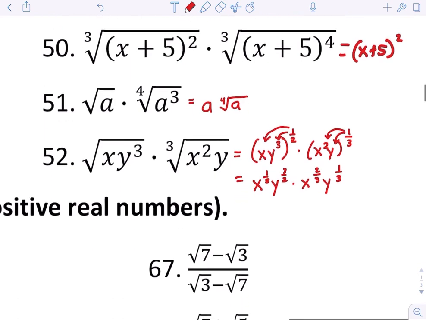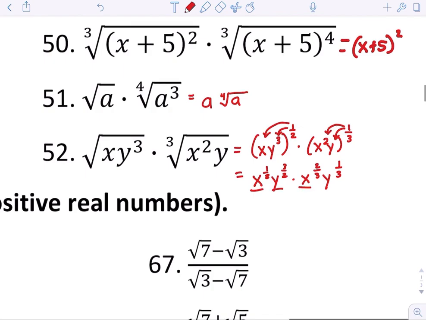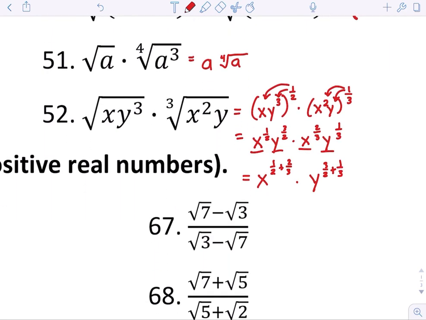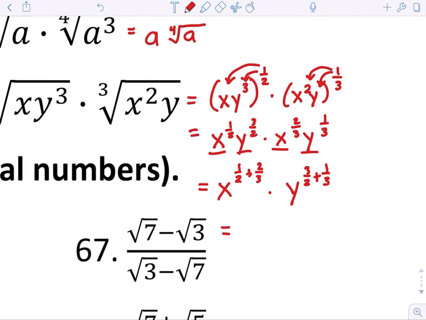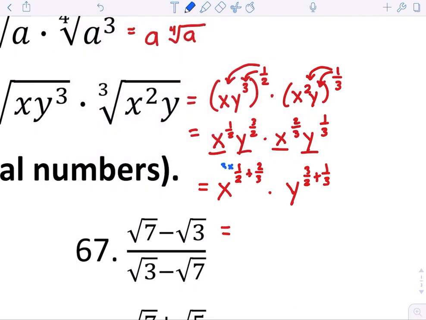So this base and that base are the same, and this one and this one are the same. So we're gonna have x to the 1/2 plus 2/3 times y to the 3/2 plus 1/3. So now we gotta get a common denominator, right? So for this one, we're going to multiply top and bottom by 3.